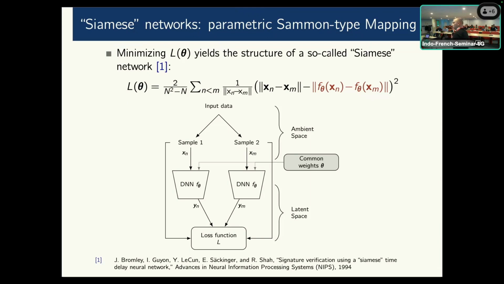However, these two approaches have a common drawback, which is that they both rely on this distance in the ambient space. If I talk about channel state information, the ambient space has pretty high dimension.